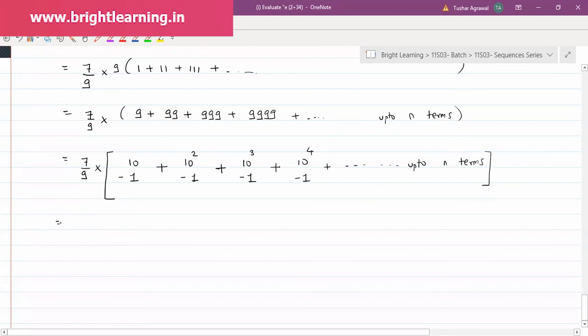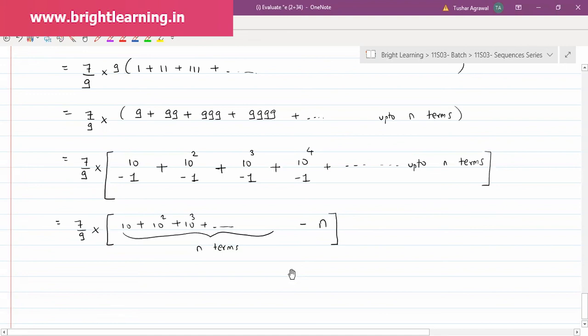So this equals 7 upon 9 multiplied by (10 plus 10 square plus 10 cube and so on, n terms) minus (1 subtracted n times). So subtraction of n separately. Got it, Afrin?